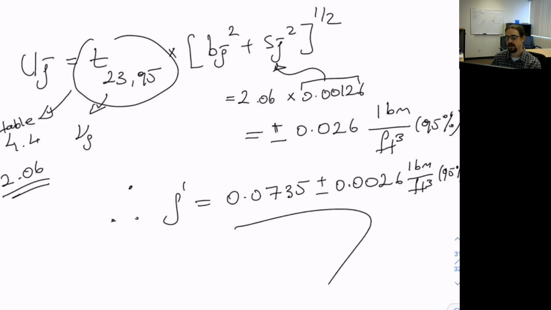There you go. So we were able to combine the systemic error with the random error and come up with an overall error estimation for our reading based on this.